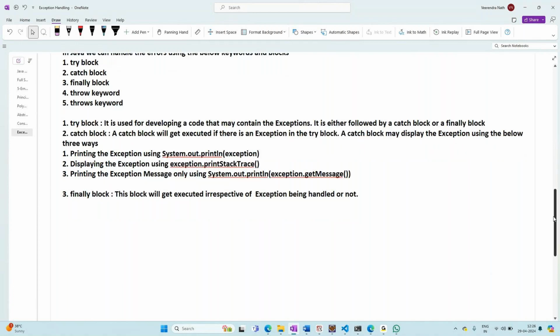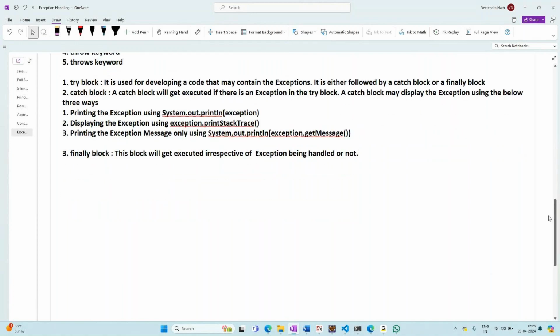So what does the try block do here? The try block is used for developing code that may contain an exception. It is either followed by a catch block or a finally block. The catch block will get executed if there is an exception in the try block.